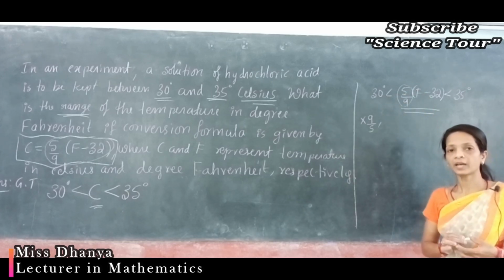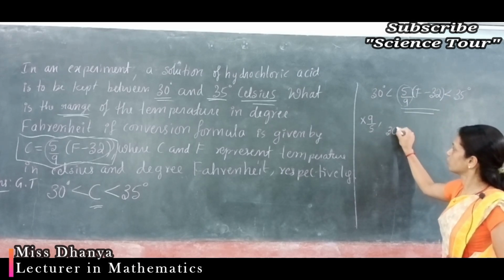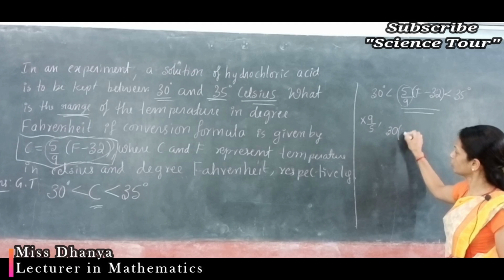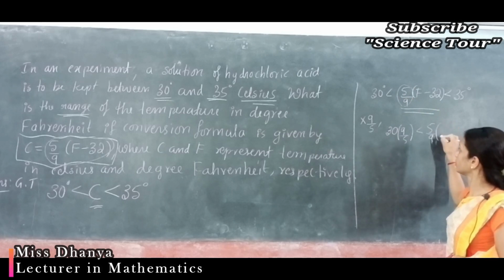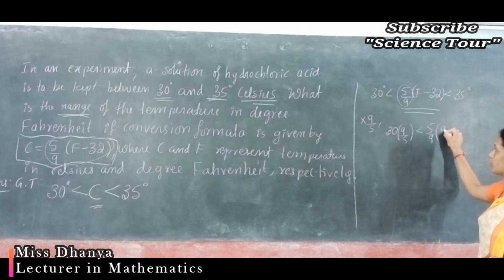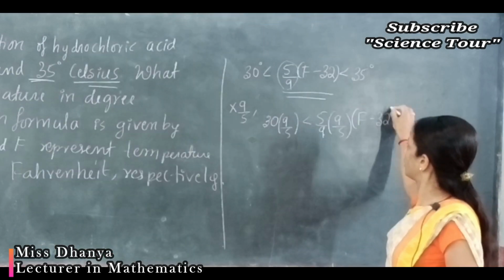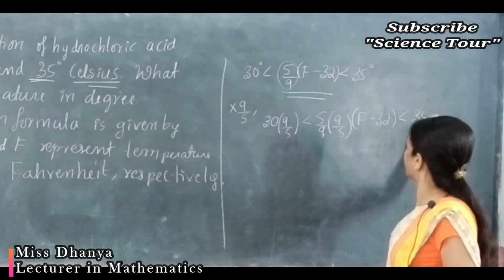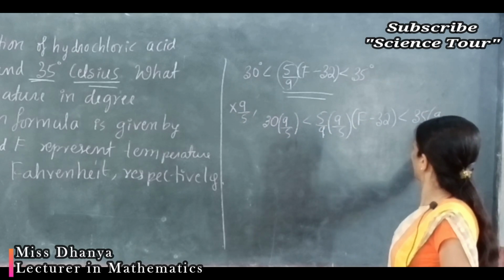Multiplying by 9/5 on each side of this inequality, we get 30 × 9/5 less than 5/9 × 9/5 × (F - 32), less than 35 × 9/5.